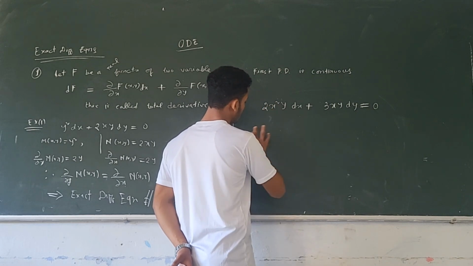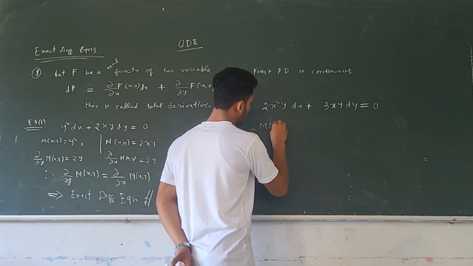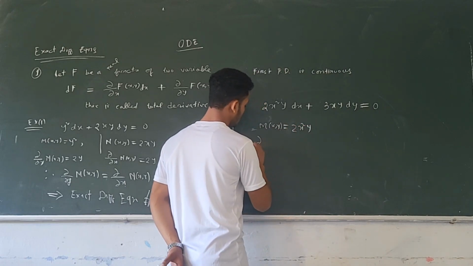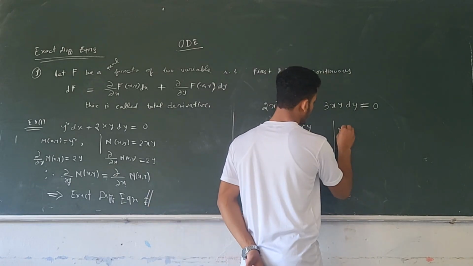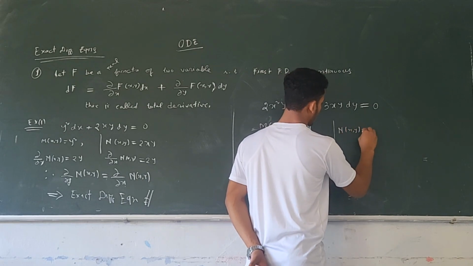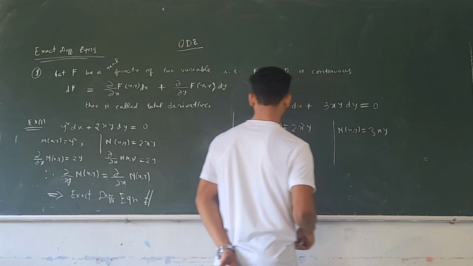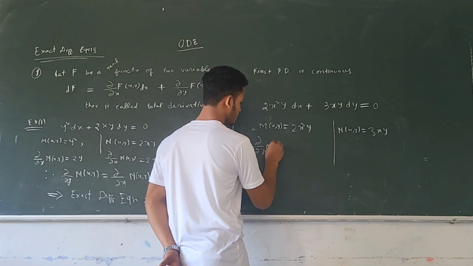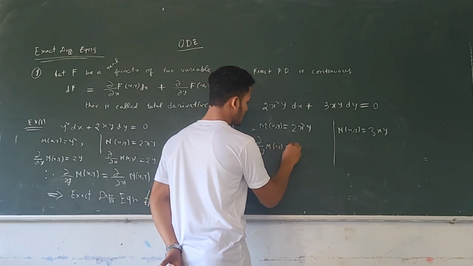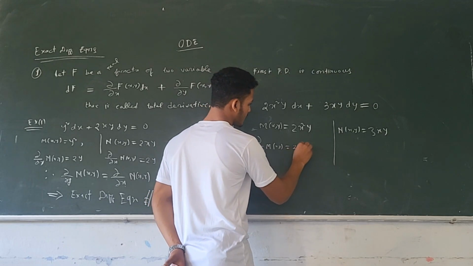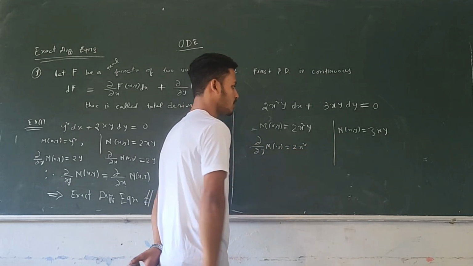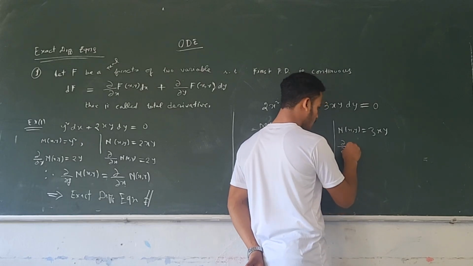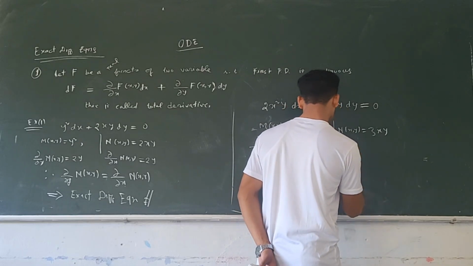So this is M(x,y), 2x²y, and what is N(x,y)? 3xy. So with respect to y, you will get 2x² here. I hope you know how to do partial derivatives.